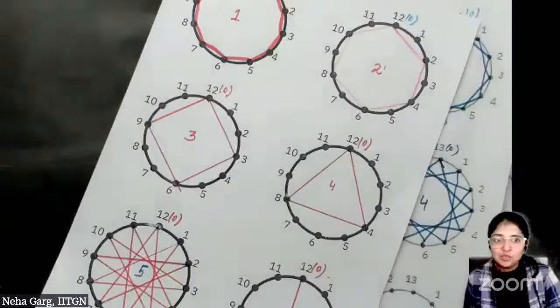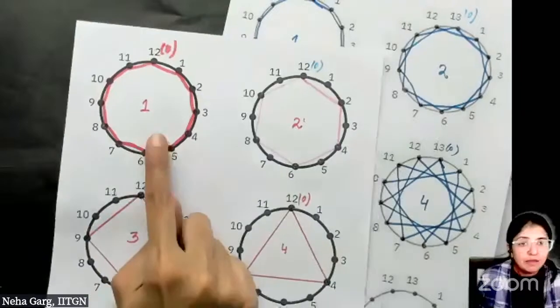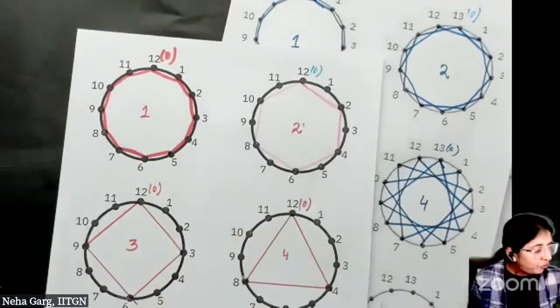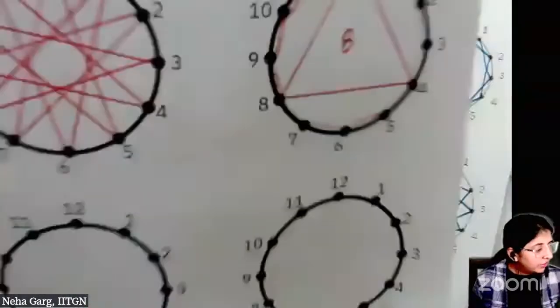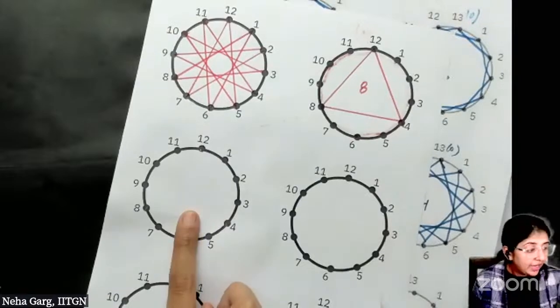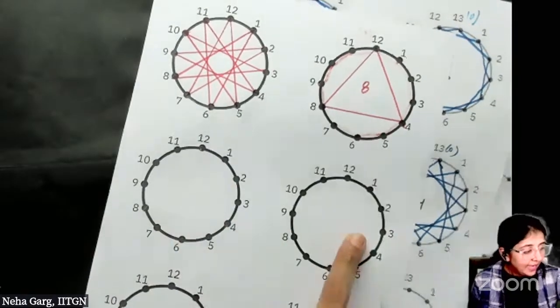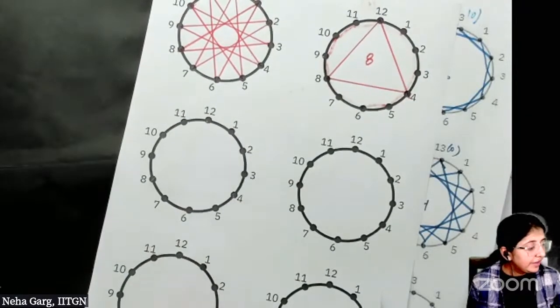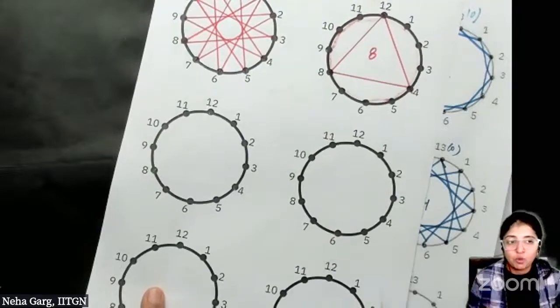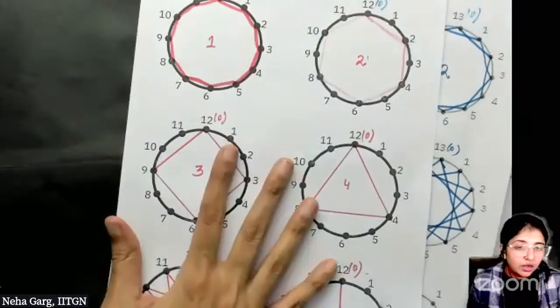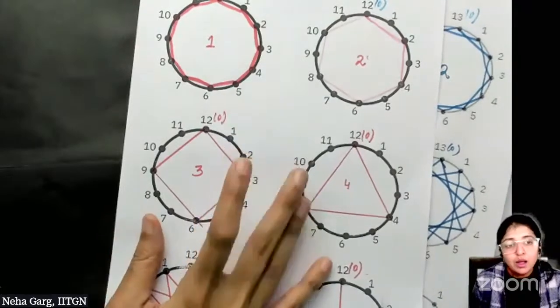So see which numbers gave us polygons: 1, 2, 3, 4, then 8, 9, which gave us the square, 10, and 11. Did 11 give us a polygon? Yes, 11 gave us a polygon, which is the same as 1. So all these shapes gave us polygons.